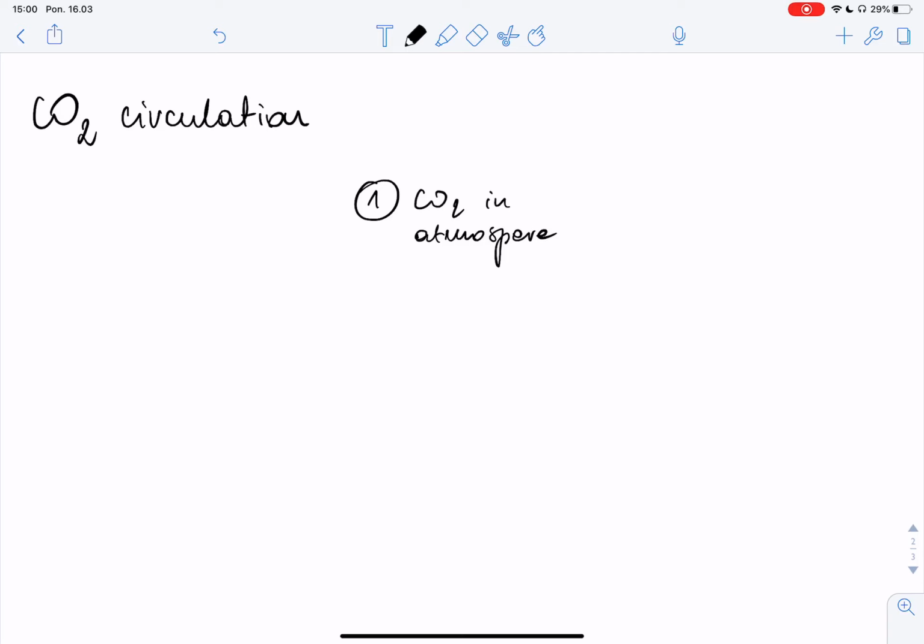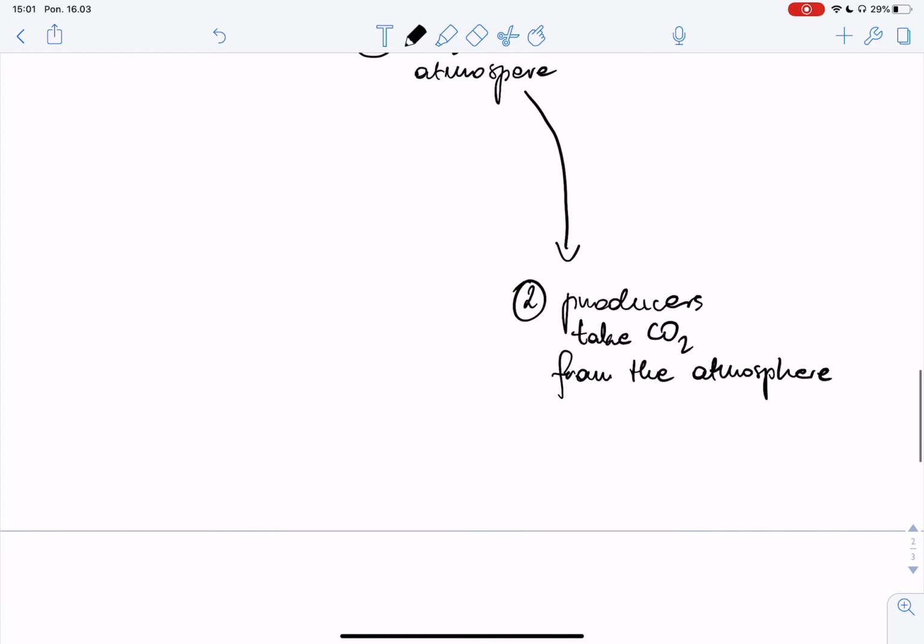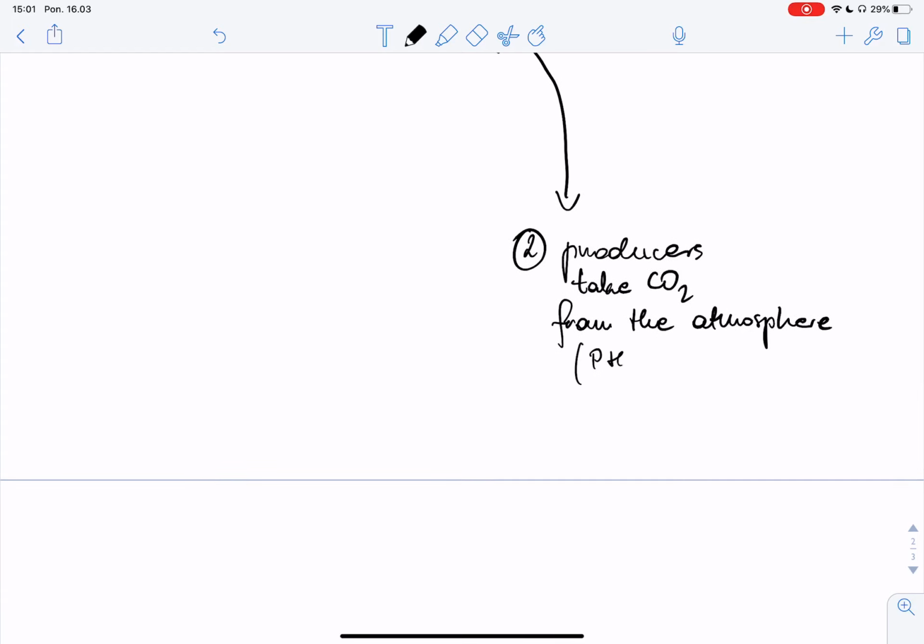As you know, carbon is a chemical element that is absolutely crucial for every form of life. Every form of life needs it. So, carbon dioxide is being taken from the atmosphere by plants, which are producers. Producers take carbon dioxide from the atmosphere. And they do it because they need to perform the process of photosynthesis.